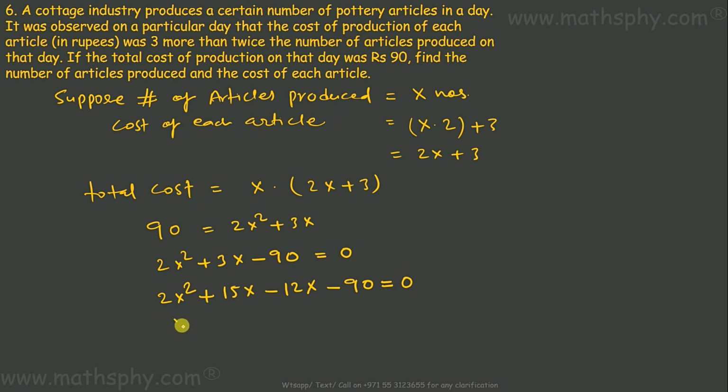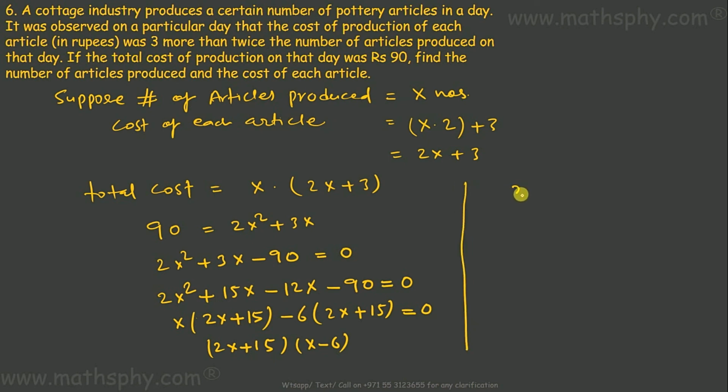I take x as common. This gives me x into (2x plus 15). If I take 6 as common, this gives me minus 6 into (2x plus 15). 2x plus 15 goes as common, leaving x minus 6.